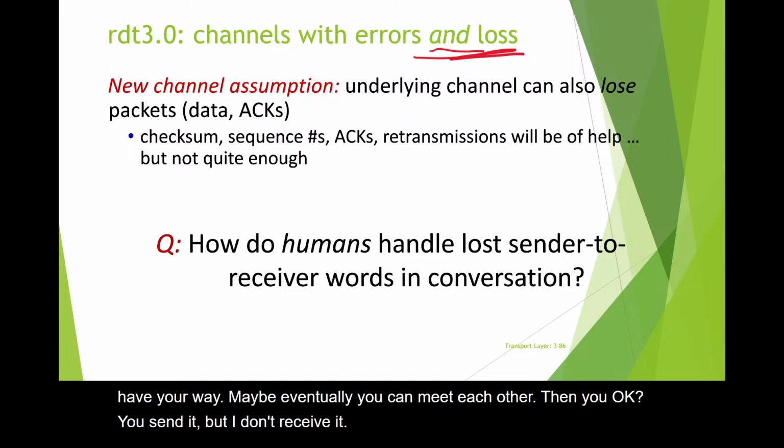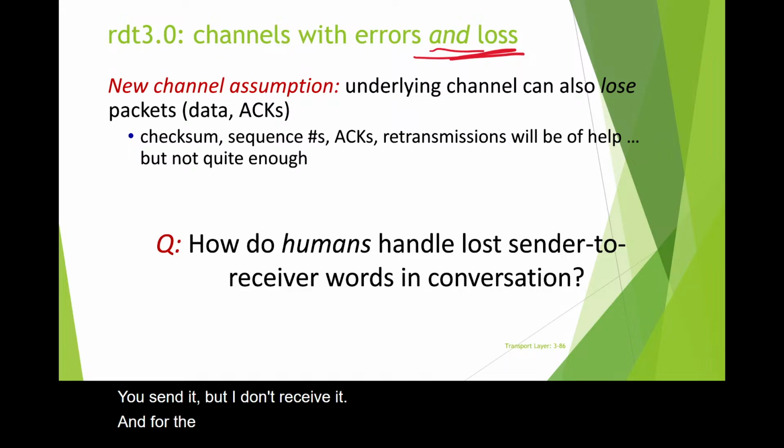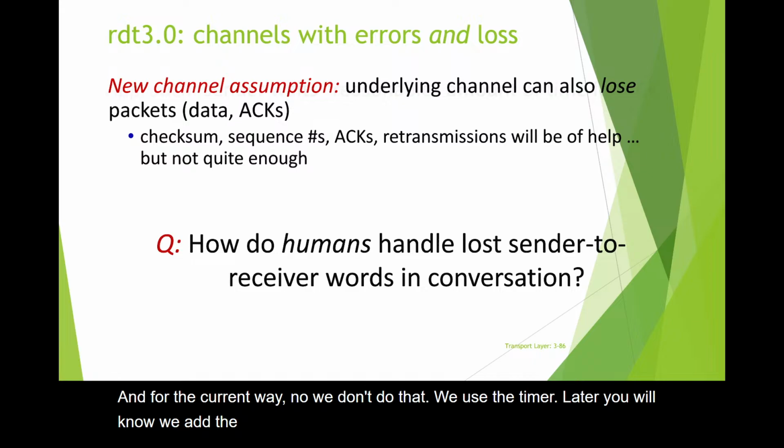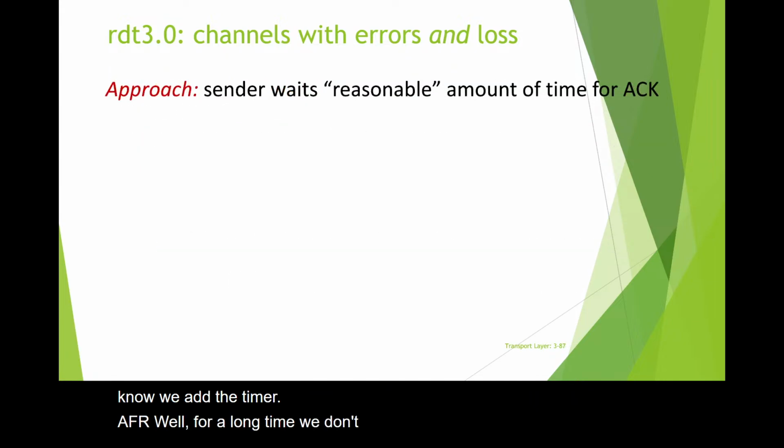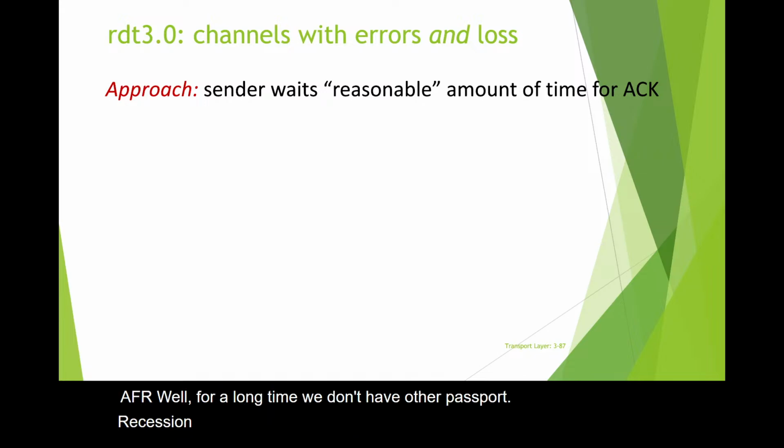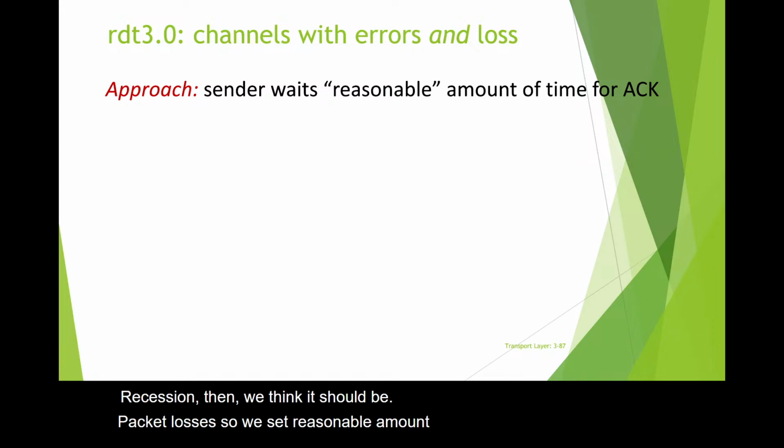For the current setting, we don't do that. We use the timer. Later you will see we add the timer. If for a long time we don't have a reception, then we think it should be packet loss. So we set a reasonable amount of time. That is the timer. We have a timer layer.